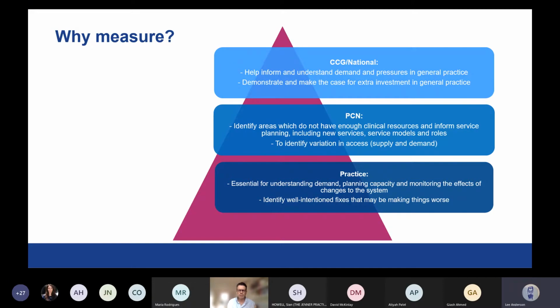And at a practice level, you just can't start to look at capacity and demand unless you're measuring something, so you won't understand your current position, how things are going at the moment, and certainly unless you're measuring things consistently, you're not going to be able to understand whether any changes that you make to your appointment system are actually an improvement.